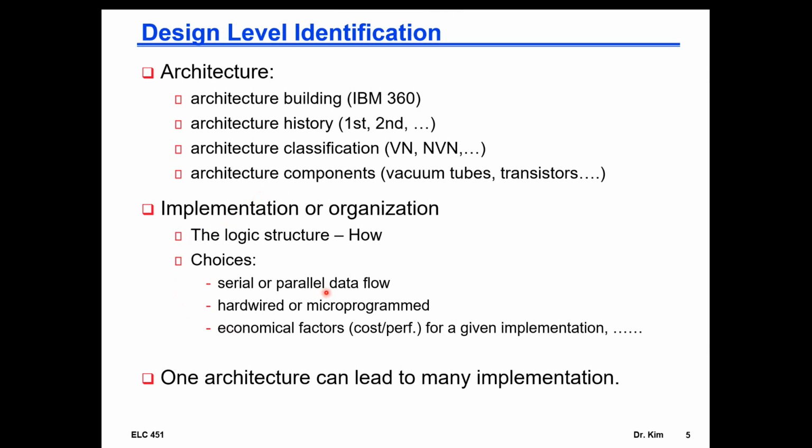The implementation also has choices. Again, parallelism in processors. We're going to talk about that in chapter 4. How to do the actual control. Microprogramming is one way in which each instruction is implemented by the hardware of the processor as a series of what are called micro instructions, which are not visible to the user.